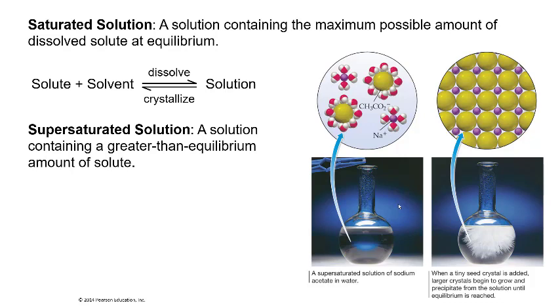If you think about having a saltwater solution, if you have a cup of water at your house and you keep adding salt or sugar to that solution, you can keep mixing it and it'll keep dissolving until it reaches a certain point. At that point, no more of that salt or sugar would be able to dissolve.